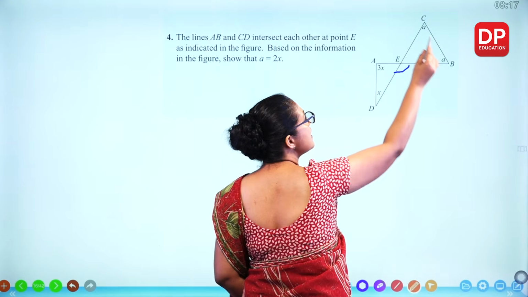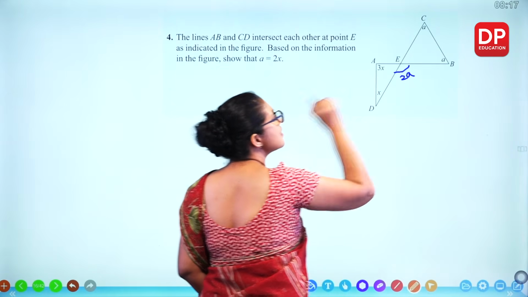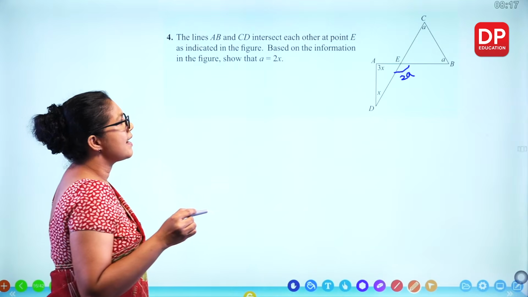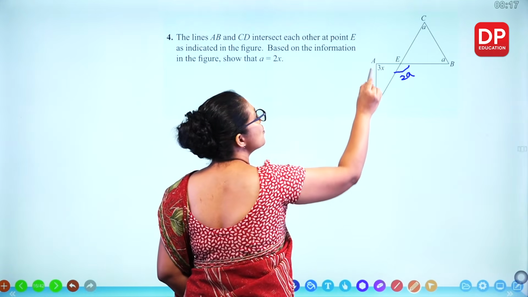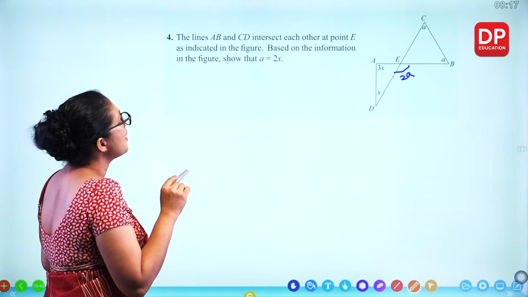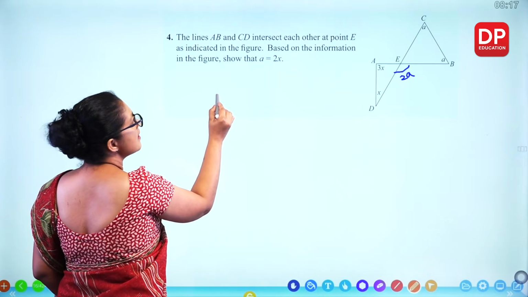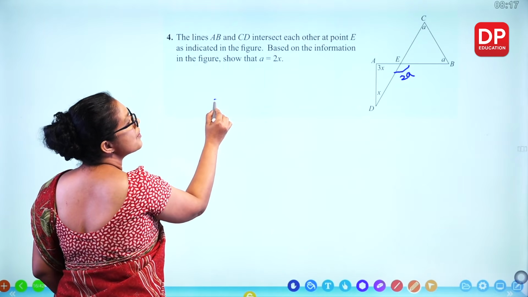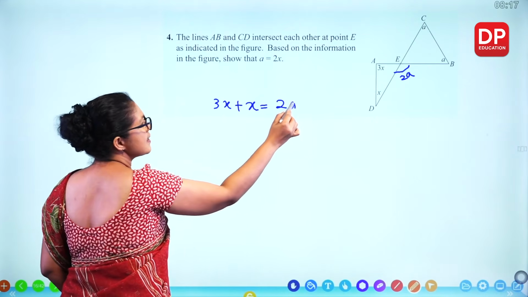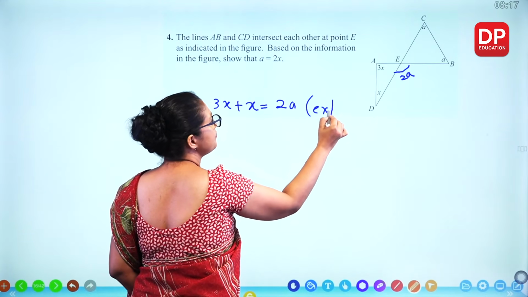So this is A, this becomes 2A. And then I can write these two add up to 2A. So according to this one, I can write 3x plus x is 2A. That's the exterior angle.